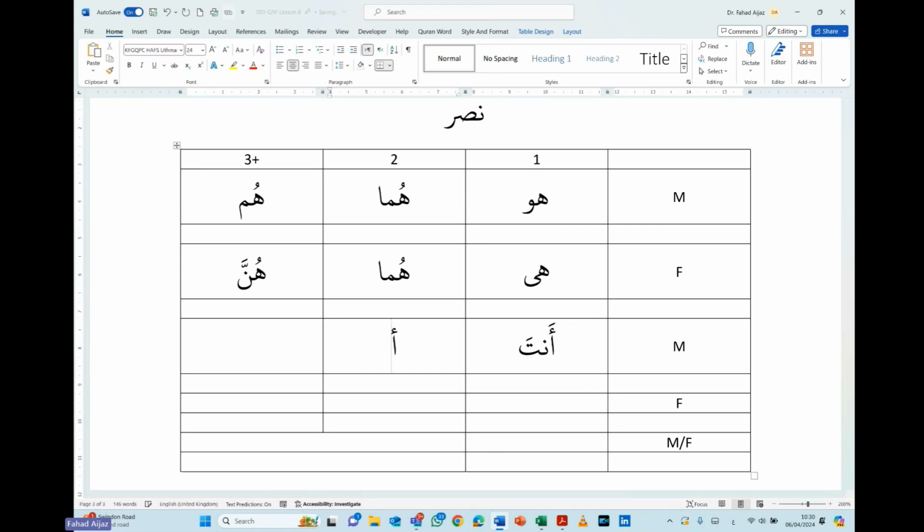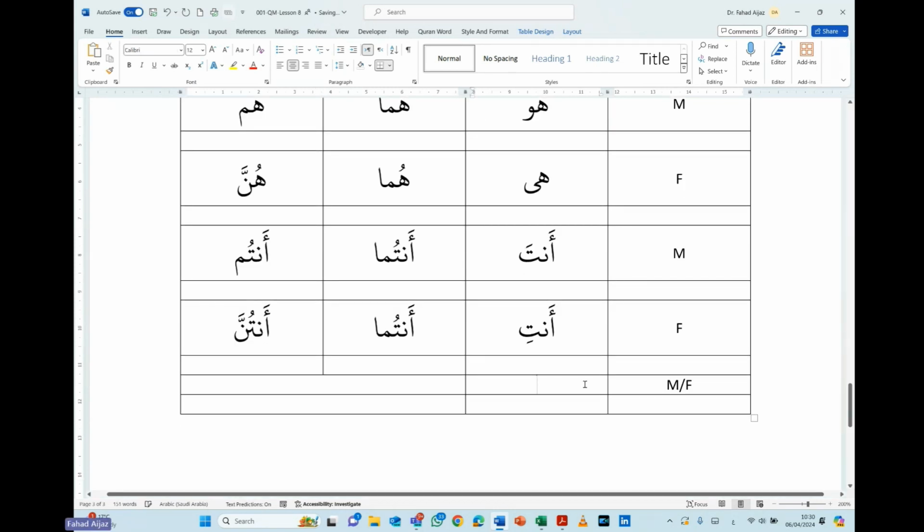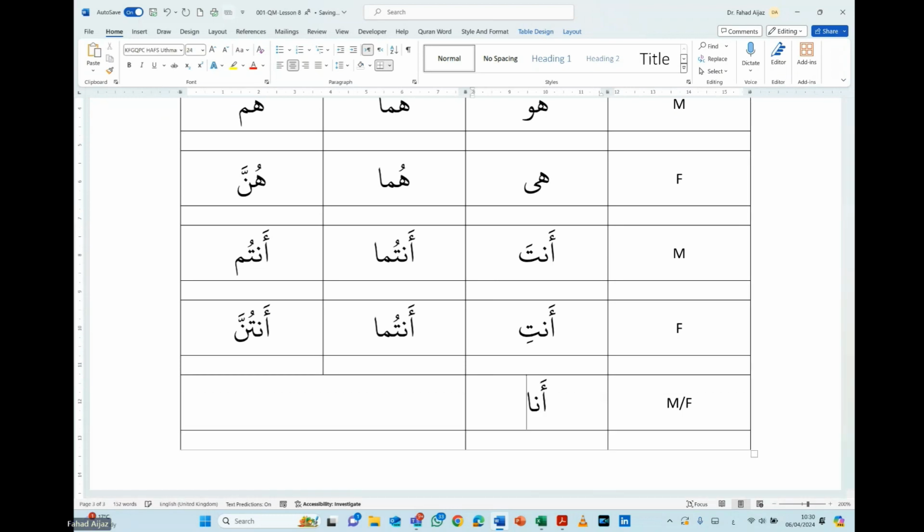Anta, then you have antuma, antum. Then you have anti, antuma, and antunna. Then you have ana, then you have nahnu.